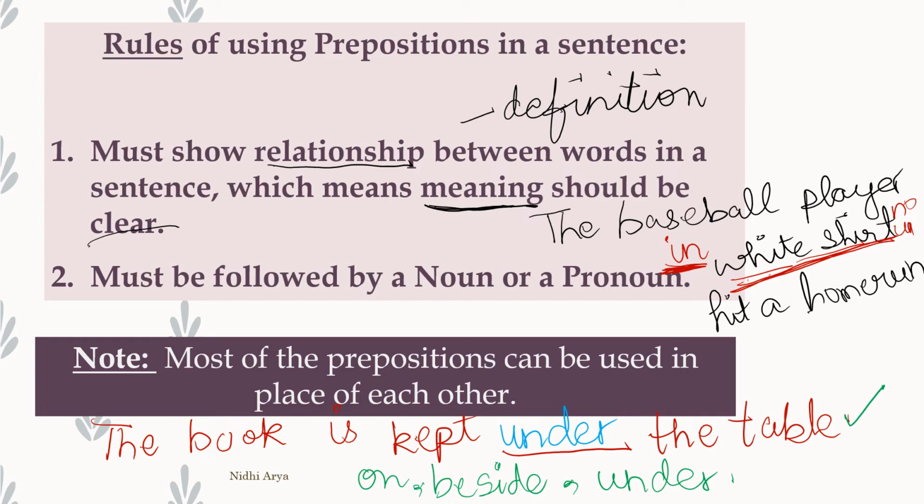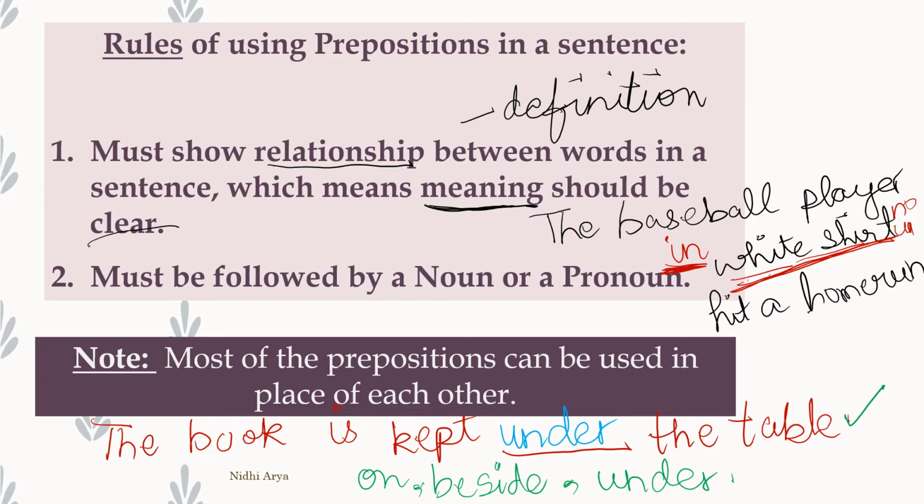In this sentence, if we use these three: the book is kept on the table, मतलब उसके ऊपर रखी है. The book is kept beside the table, मतलब उसके साथ में रखी है. So these are possible meanings. The book is kept under the table, तो नीचे भी रखी हो सकती है ना. So these are the meaningful sentences.